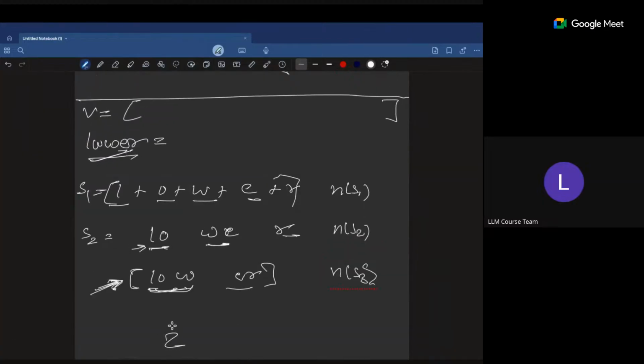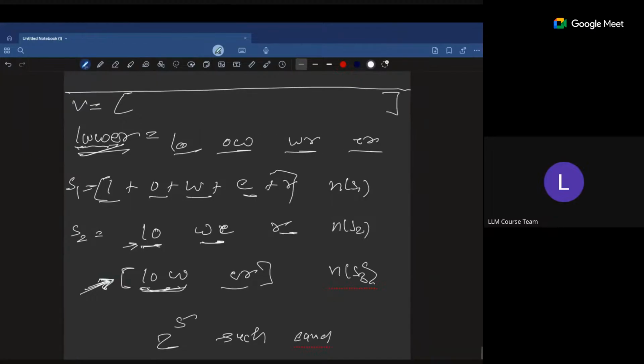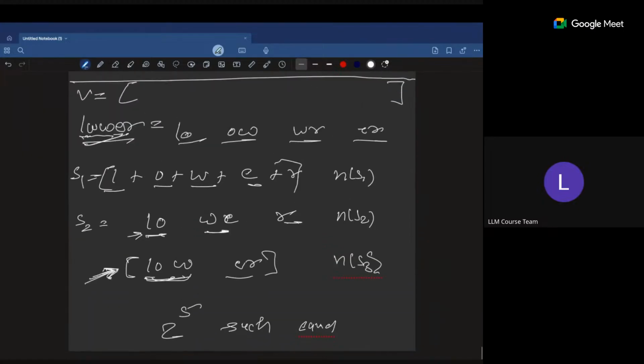That's two raised to power five, right? One, two, three, four, five. Five such candidates you have, right? If I say each word, like L O W E R, all such splits become my different subwords. In this case, you may have two raised to power five such candidates.